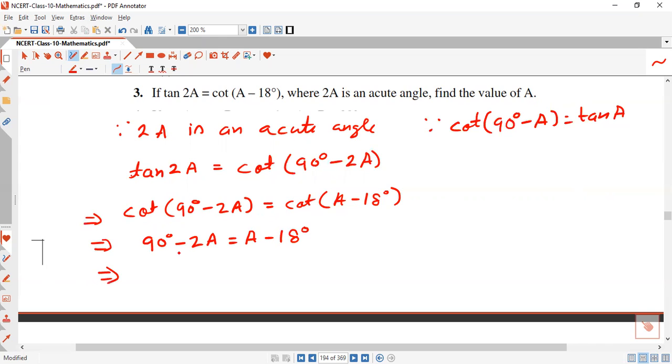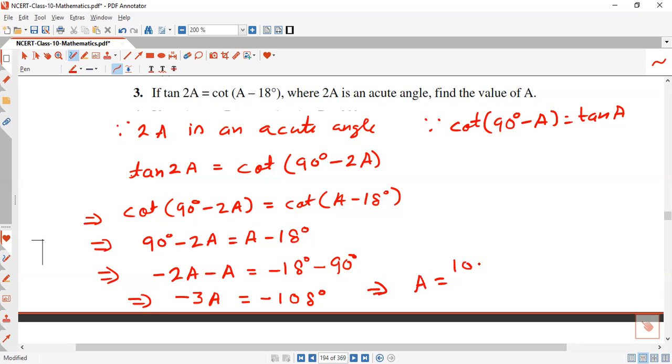Taking the A terms to the left-hand side and the angle terms to the right-hand side, minus 2A minus A equals minus 18 degrees minus 90 degrees. So minus 3A equals minus 108 degrees, which implies A equals 108 degrees divided by 3. This comes out to 36 degrees. The value of A is 36 degrees.